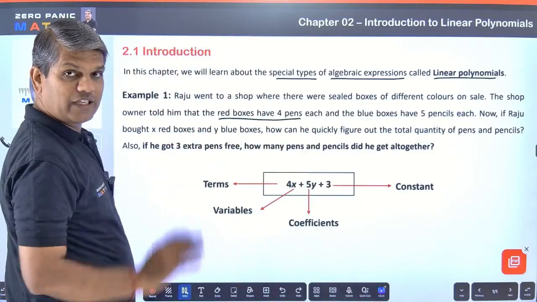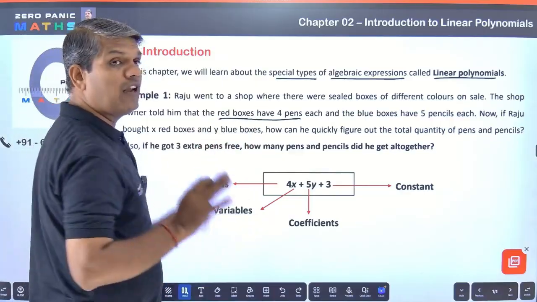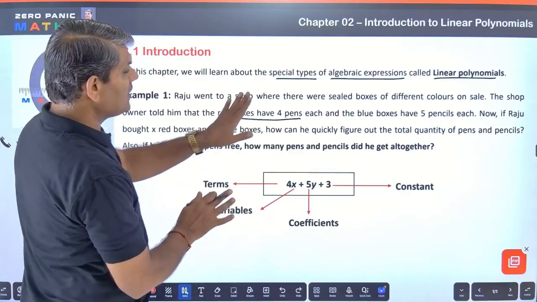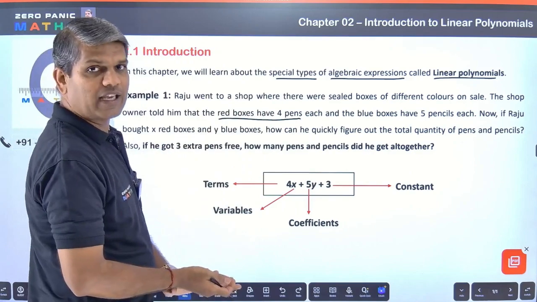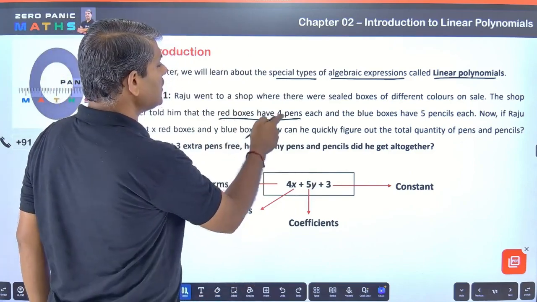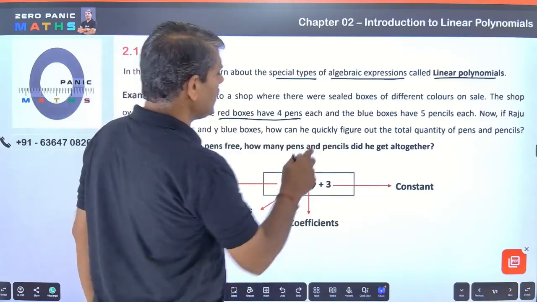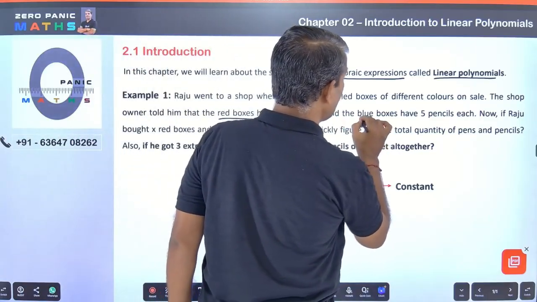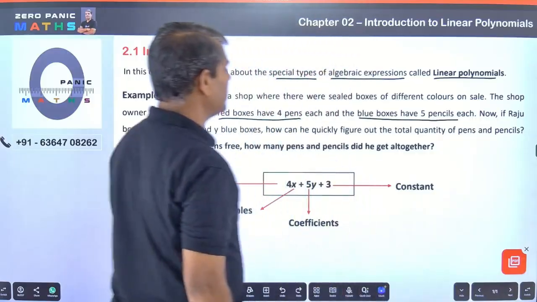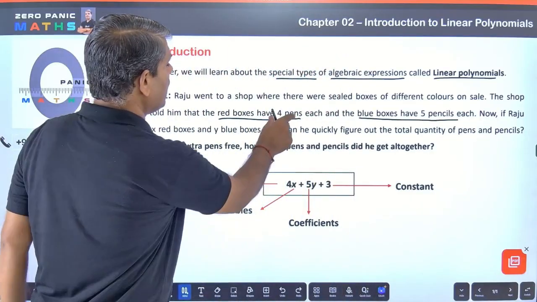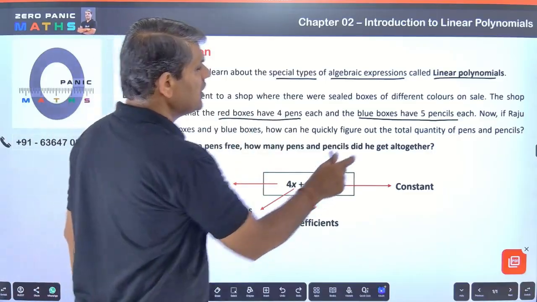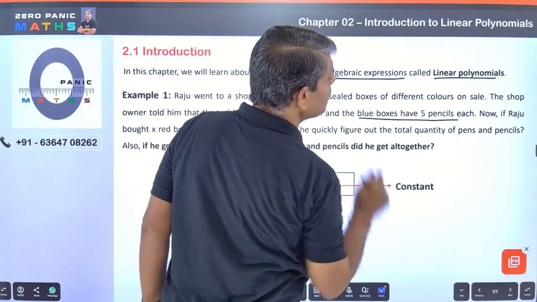Mark this. This information will be helpful for us to represent it as an algebraic expression. And the blue boxes have 5 pencils. There are 4 pens in red boxes and 5 pencils in blue boxes.